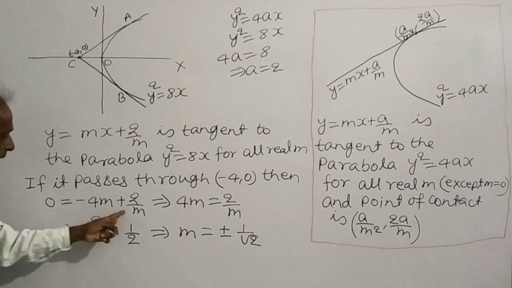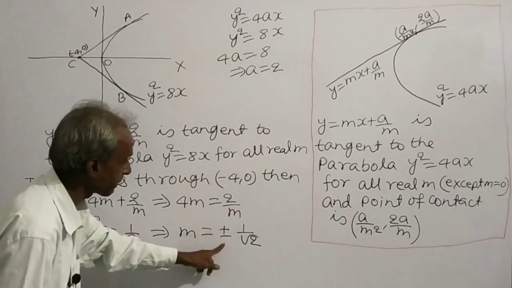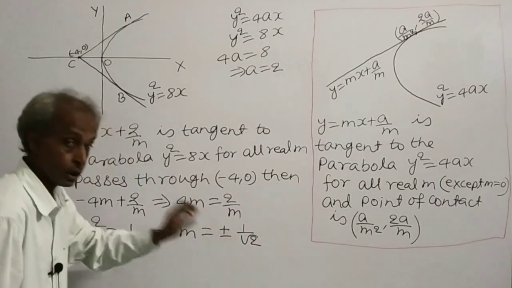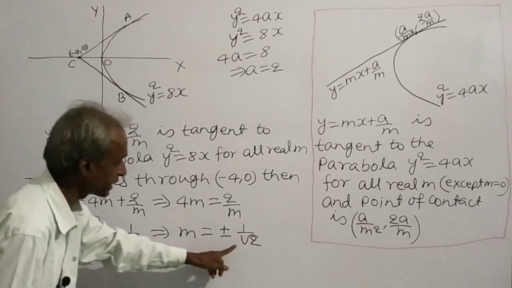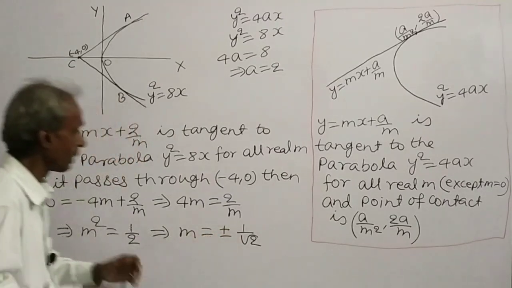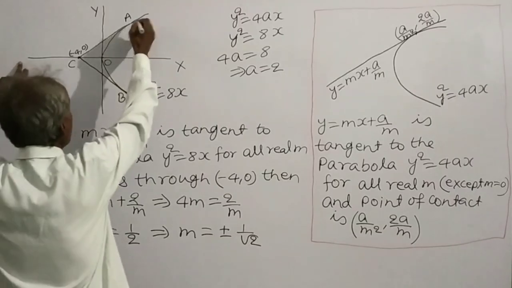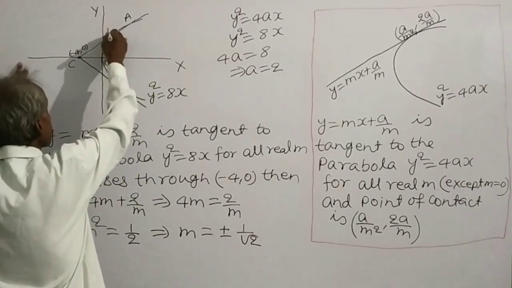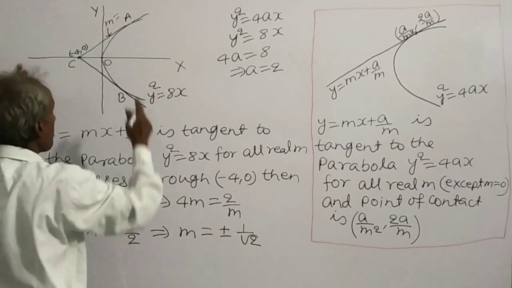After solving it, we get m is equal to ±1 by √2. This is the slope of the tangent. Out of these two values of m, the positive value 1 by √2 is the slope of this tangent. m is equal to 1 by √2.